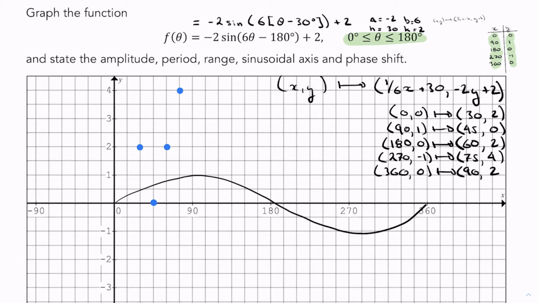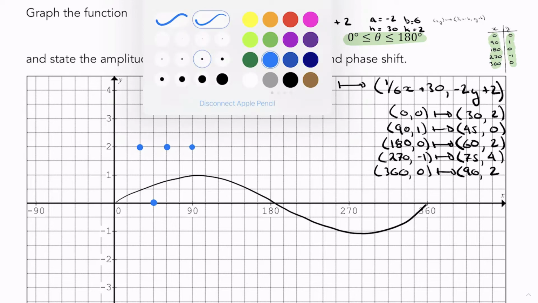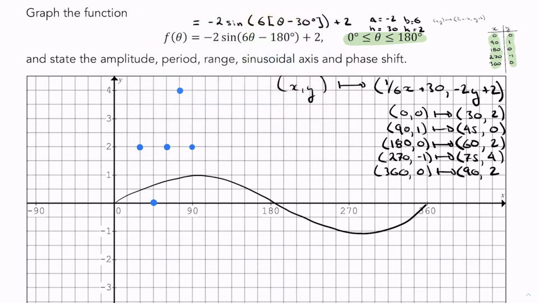And 90, comma 2 will be over here. So I think you can see the sinusoidal pattern that is determined by these points. We will have a line coming down, going up, and coming down again.